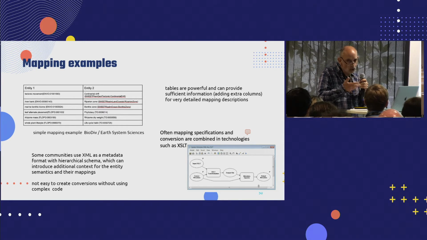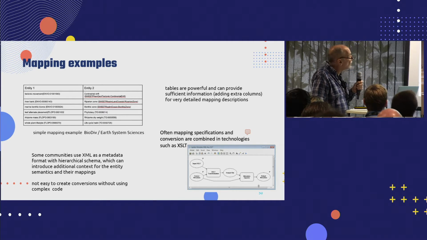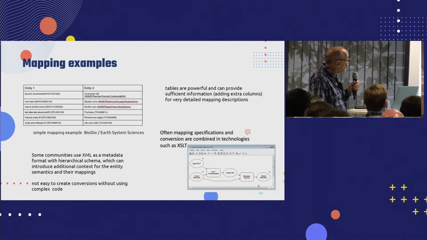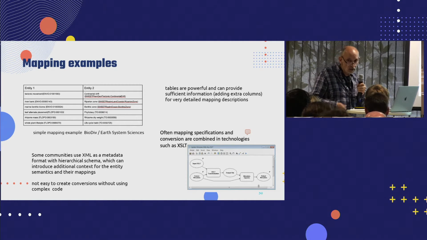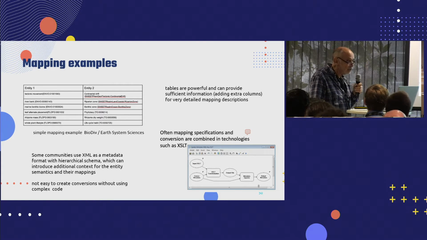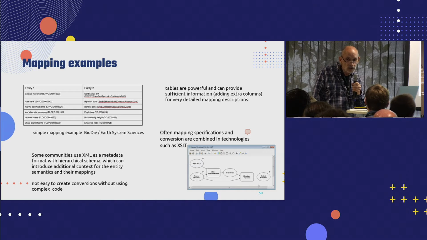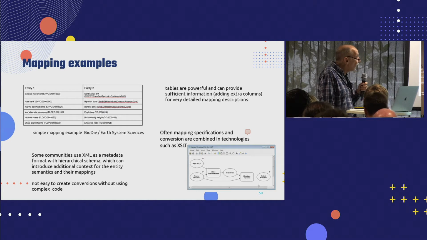That's probably not enough for what you want, but tables are really a powerful mechanism because you can add other columns. For instance, you can add a column where you add the type of relation that's there. I already mentioned almost equal, or broader or narrower. You can add more metadata that pertains to this particular mapping. So for instance, justification: why do you think you can make this mapping?